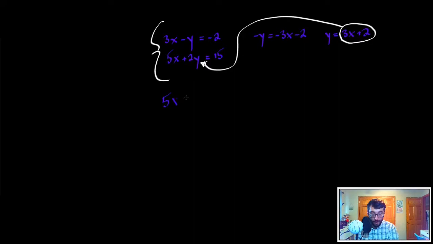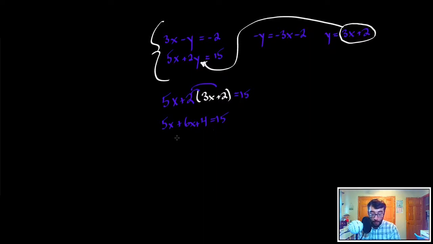That's 5x plus 2y. Well, I just found y to be 3x plus 2. Okay? And that was equal to 15. And now I can go ahead and solve. So I'm going to distribute this 2. So this is going to become 5x plus 6x plus 4 is equal to 15.